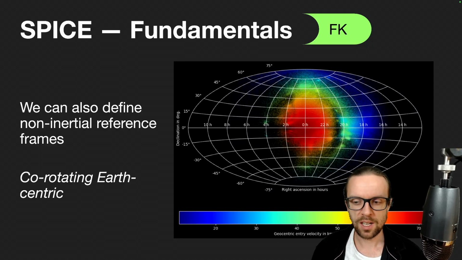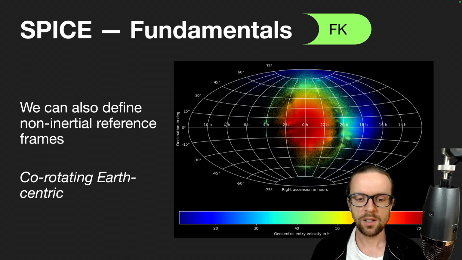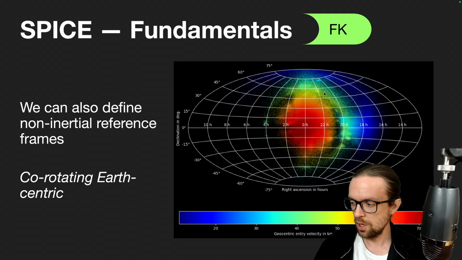And this is pretty interesting because in this part we don't have any meteors, because these are data from a visual instrument, and during the daytime it's pretty difficult to see meteors, so this part is pretty dark. So this is one use case of using a non-inertial reference frame.